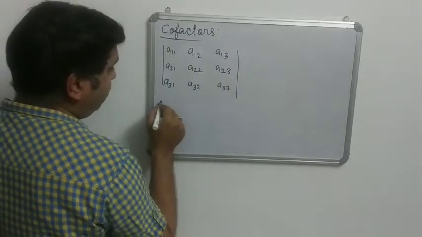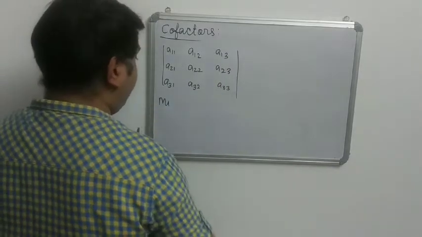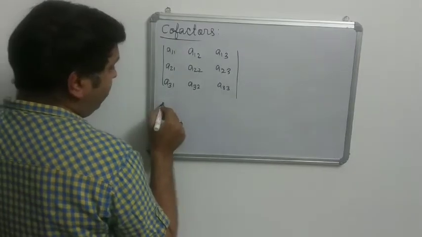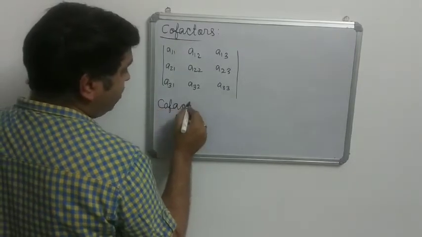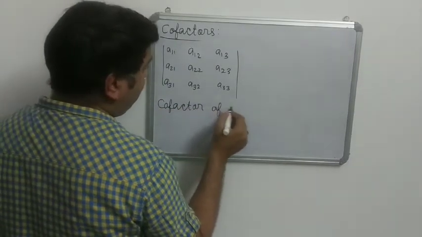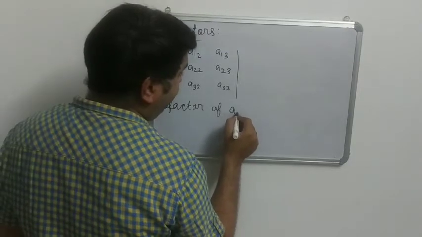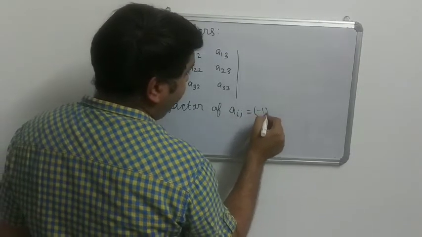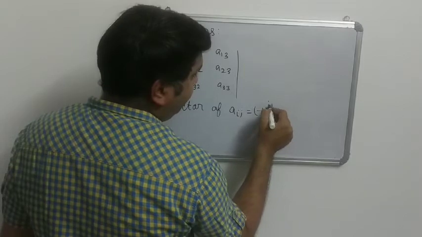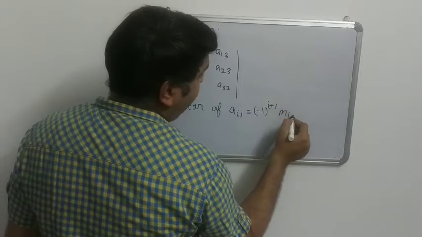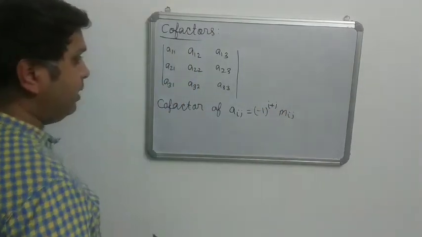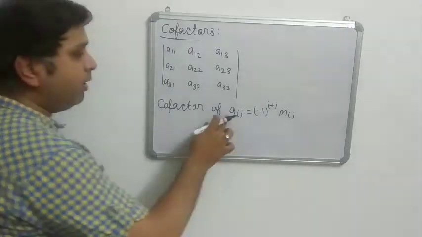So now again reminding the formula of cofactor. The cofactor of Aij will be -1 to the power i plus j and Mij, where Mij is the minor of Aij.